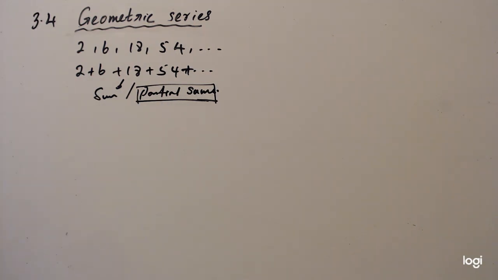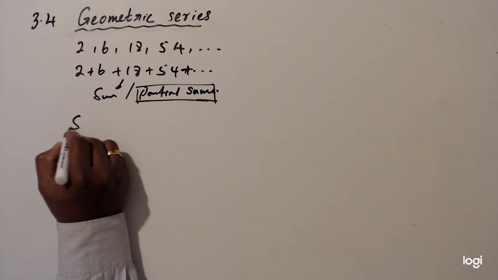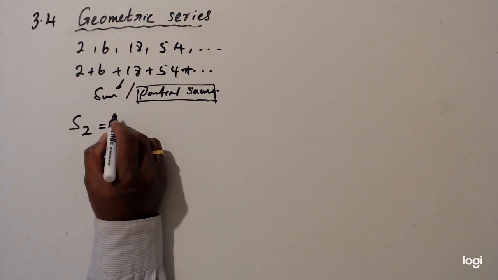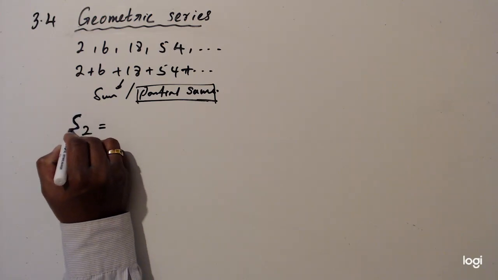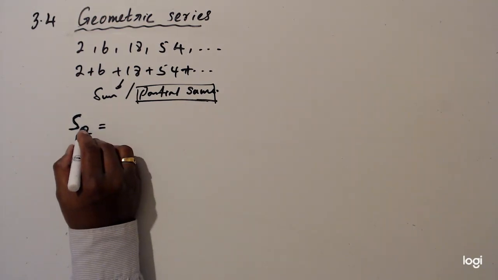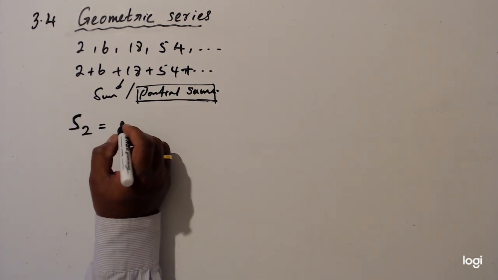The sum means the addition of the whole terms. If I write the partial sum of two terms, usually we use S to show the partial sum.